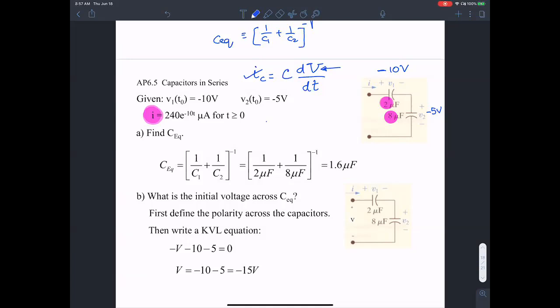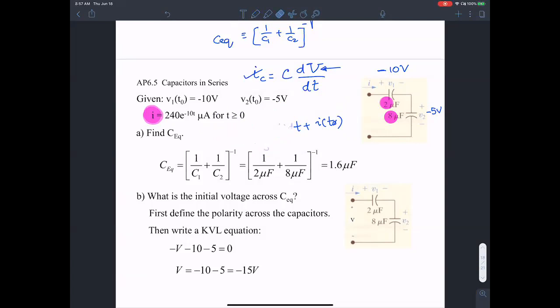In order to do that, all you have to do is V is 1 over C integral from 0 to T of I of t dt, plus any initial condition, plus V at t0.